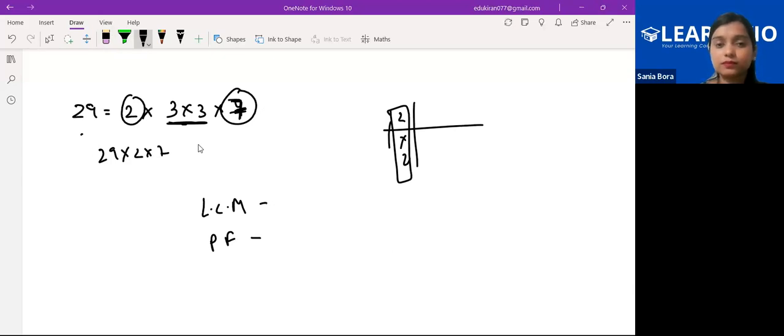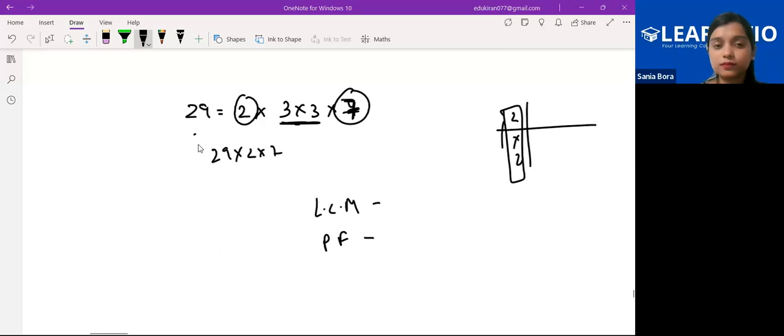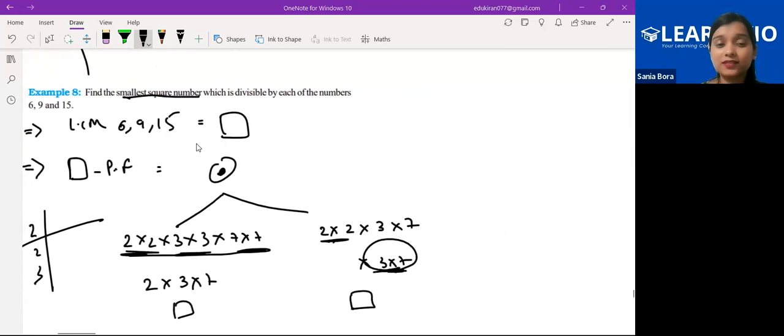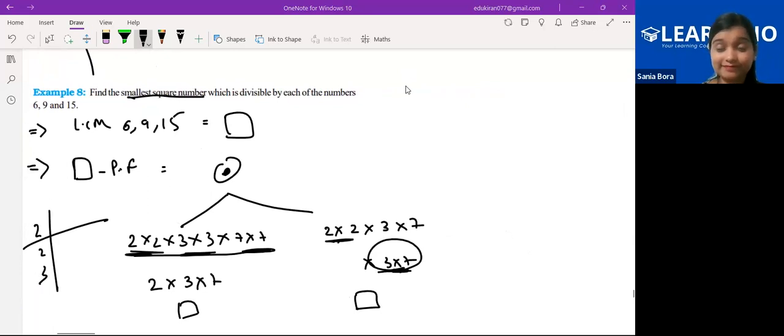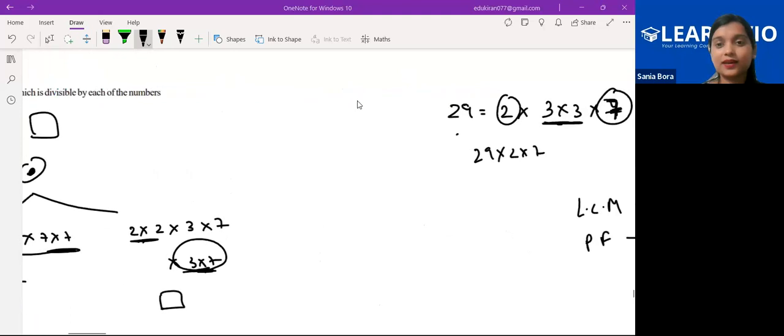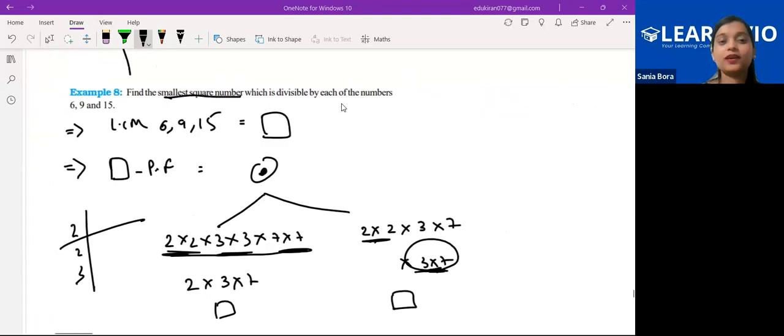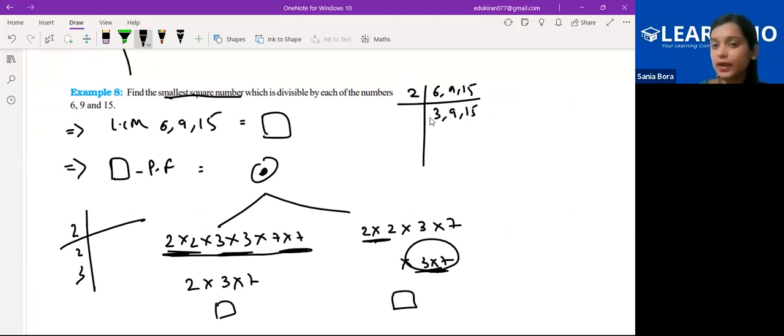They didn't understand. How do you get the LCM if there are no pairs? Those numbers which don't have pairs, you have to multiply with something. After you get the LCM, you have to multiply all the numbers. You have to find the LCM like this: 6, 9 and 15. So 2, 3, rest would be the same.